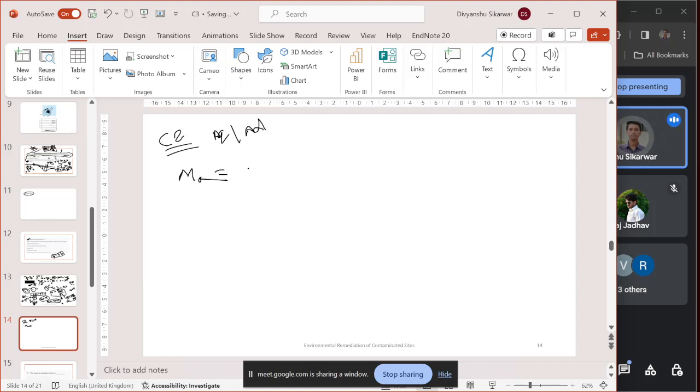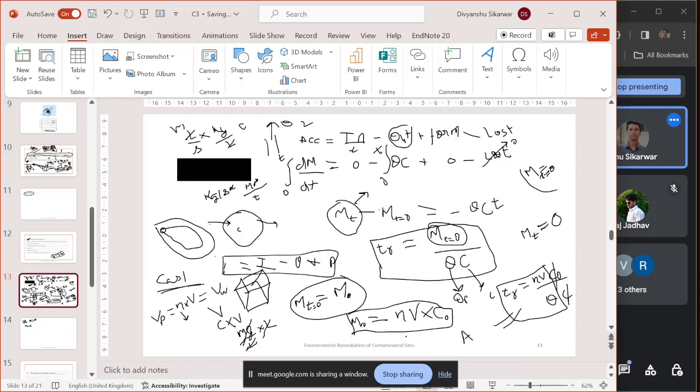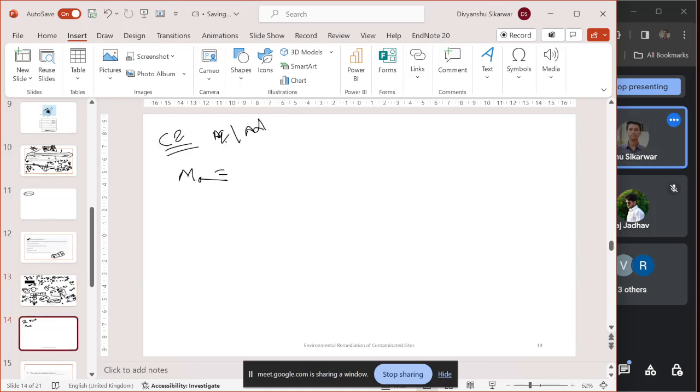The first component is present in the aqueous phase, and the calculation will be the same as this, right? So it will be NCV only for the aqueous phase.